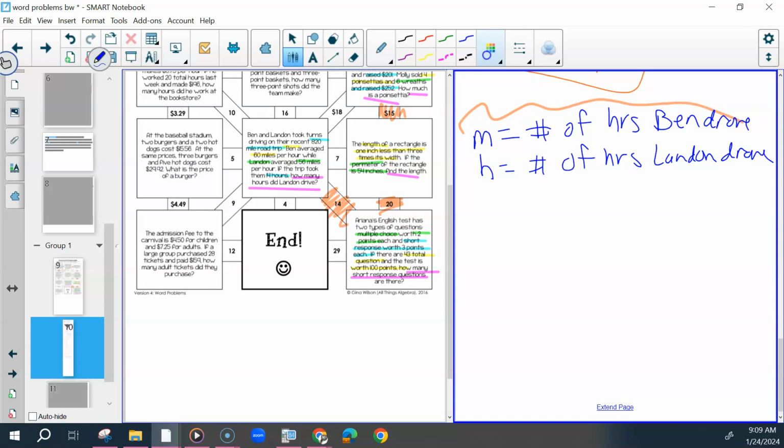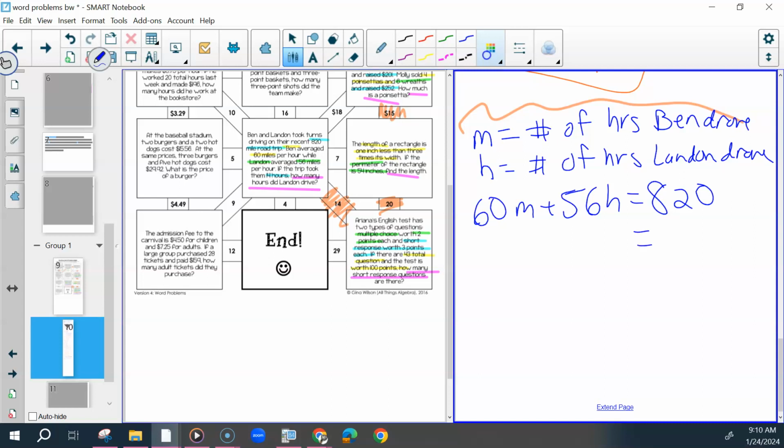How would we set up one of the equations? 60M, or if you change your variables, whatever you use, plus 56H equals 820. The number of miles each one drove would equal the total number of miles.